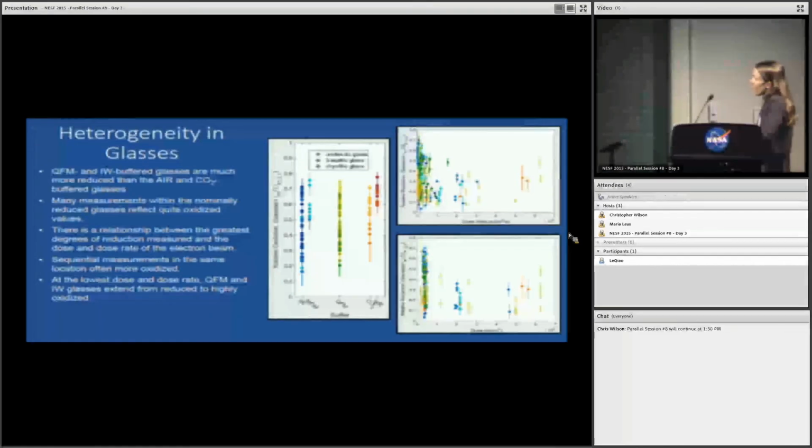And you can see that at high dose rates, so high currents of the electron beam, and at high doses, we don't get those reduced samples. And so I have oxidized the samples. But at the lowest dose rates and doses, I see both the reduced samples and oxidized samples. And so within the same sample, at the same doses and dose rates, I see this variability.